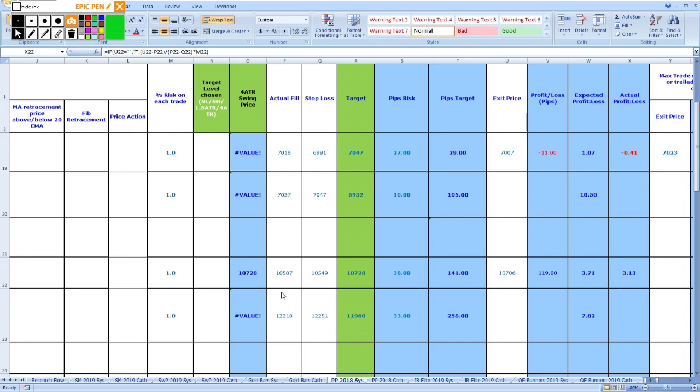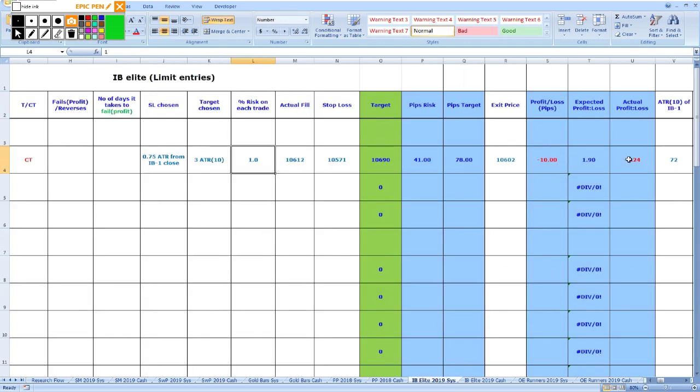And then finally, IB Elite Insider Bar. These are all momentum strategies. We had a small minus 0.24. So if you add all that up, 3.13 minus 1 minus 0.24, we got about 2.37% profit as of now.